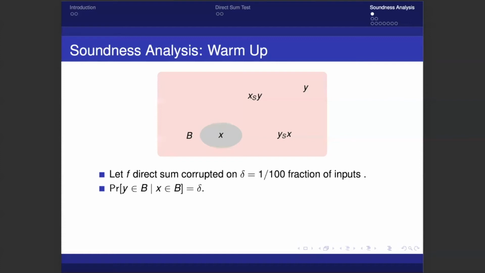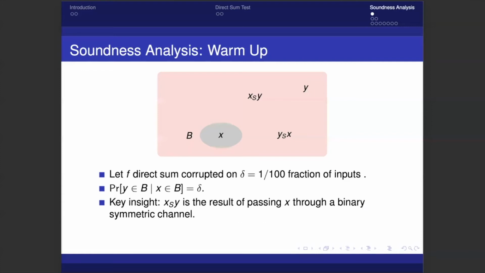Okay, so the key observation that allows us to bound these probabilities for each of these points is the following. We can view xsy, and the same holds for ysx, as the result of passing the string x through a binary symmetric channel. Okay, so what I mean by this is the way the channel operates on x is the following.